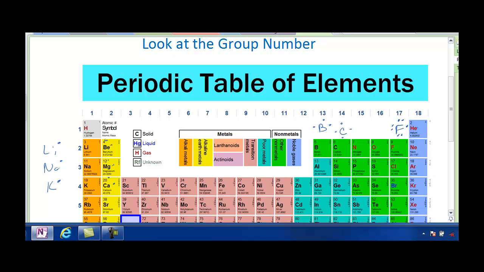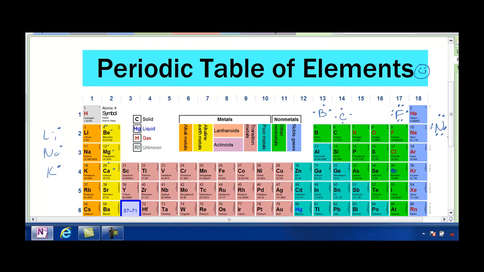Group 8, with the exception of helium, the noble gases, these are a complete octet. These are the happy guys. So neon will have 8 dots. Argon will have what? 8 dots.